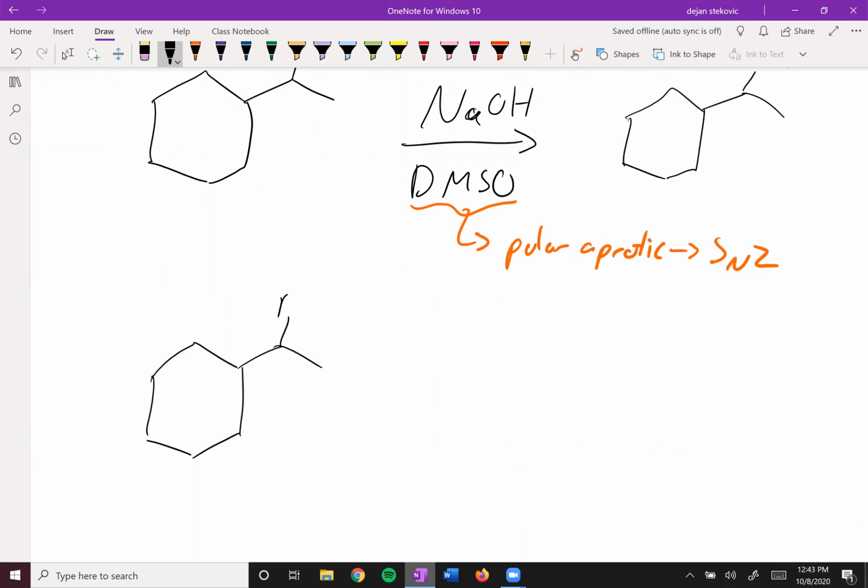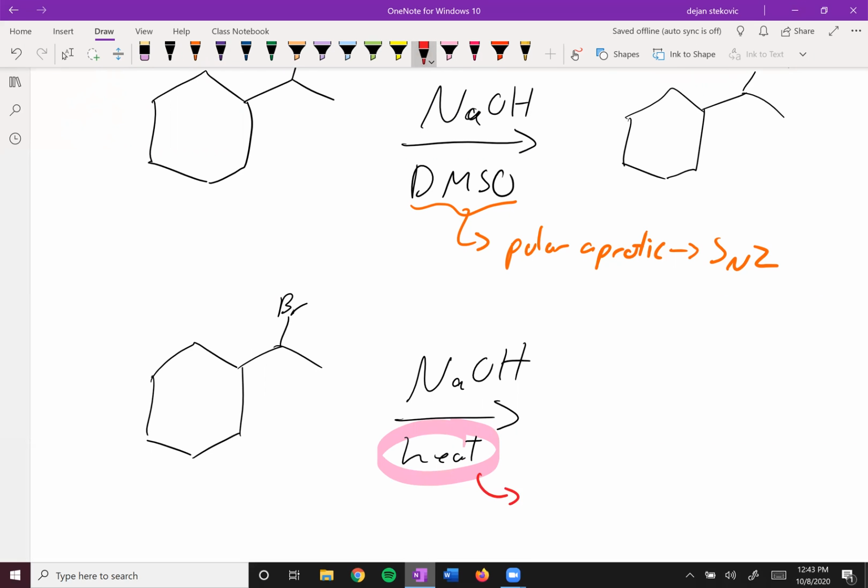Another way we could do this for a different product is we could say sodium hydroxide again, but now we're going to heat it. Remember, when we heat, we're going to prefer the elimination. And so in this case, we will say that we're going to go through an E2 pathway. Our base in this case is not bulky, so we'll form the more substituted product.